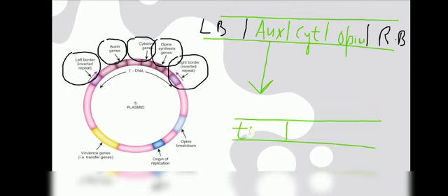Now when we zoom in on this auxin gene, it contains the TMS1 gene and the TMS2 gene. TMS1 is for the formation of tryptophan 2-monooxygenase, and TMS2 is for indoleacetamide hydrolase.